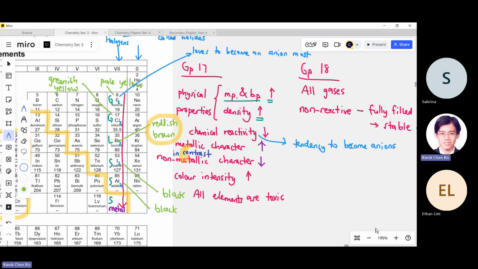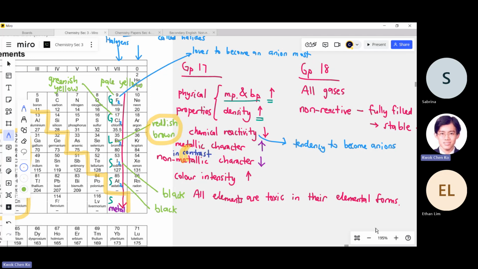But let's be a bit more specific, they are toxic in their elemental forms. All of them. This is not tested all the time, once in a long while.